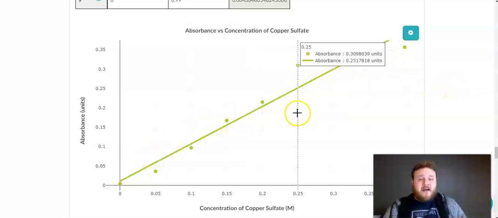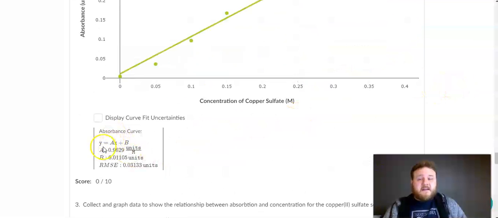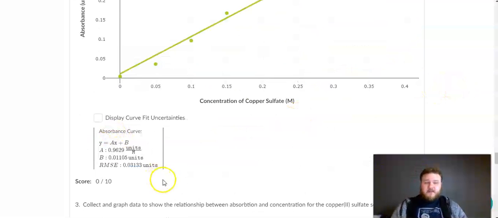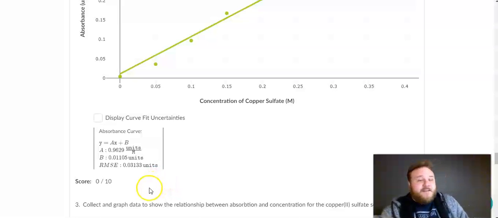So now we have this line. It's going to give you calculated values for your linear graph using y equals mx plus b. This a is not referring to absorbance.